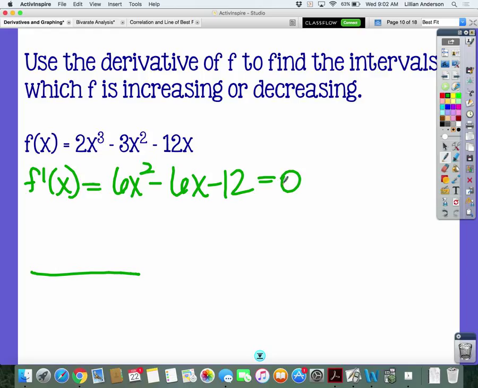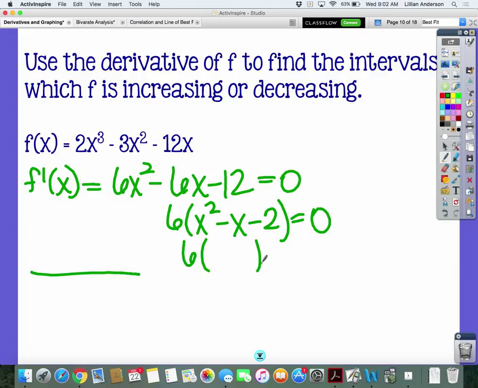When you factor this, first thing you look for is there a GCF? What is it? So when I take out a 6, I have x squared minus x minus 2. What two numbers multiply to give you a -2, add to give you a -1?